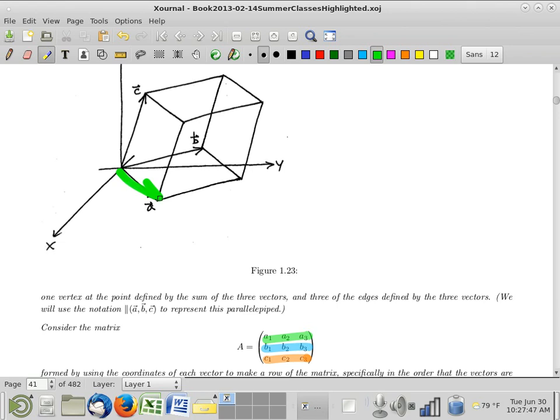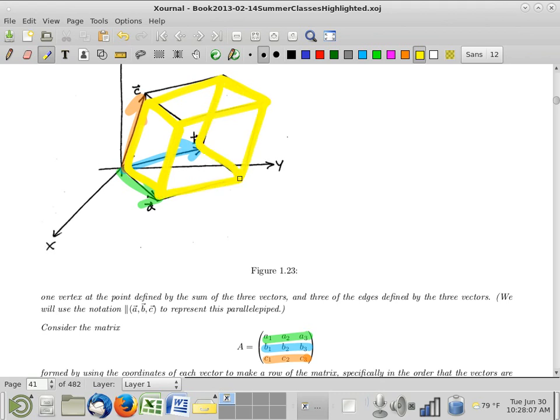So again, I can write down this great big box, as it were, that they define. There's a geometric object that's described by these three vectors.